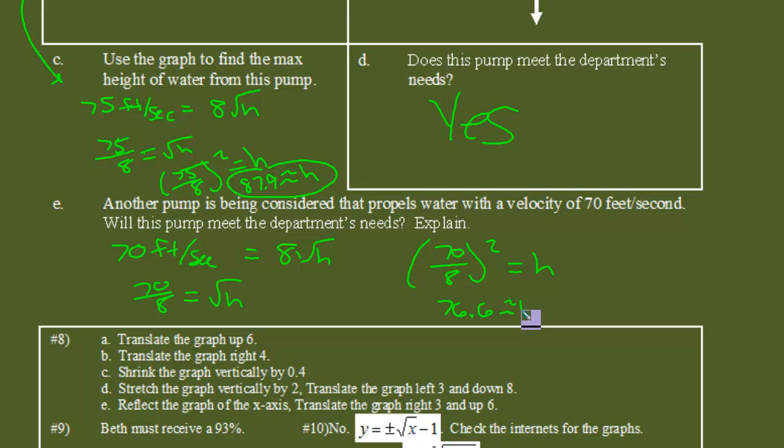approximately. Will this meet the department's needs? No. Because its height is 76.6 feet.